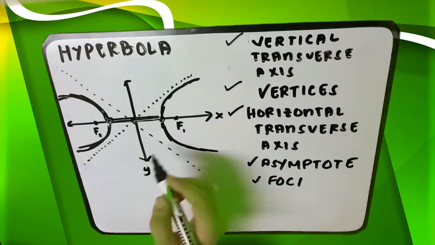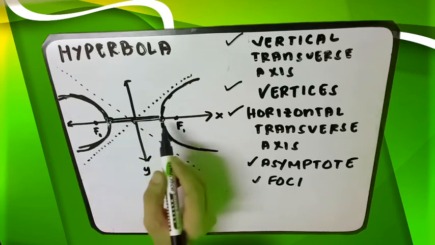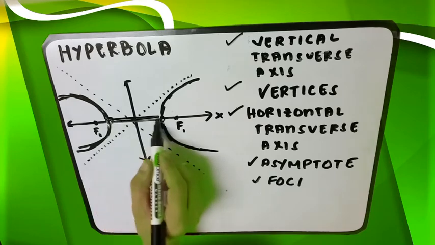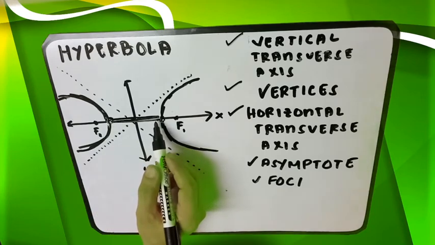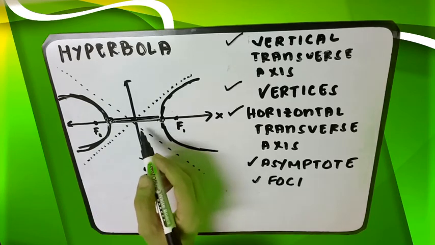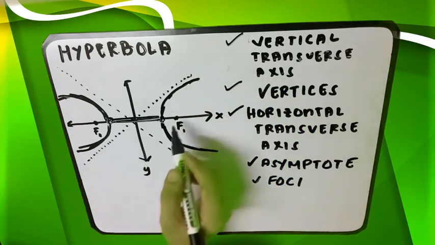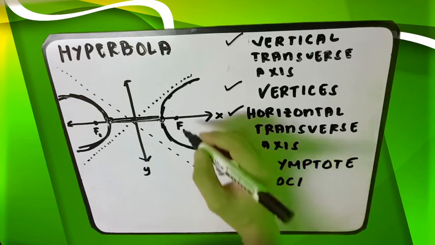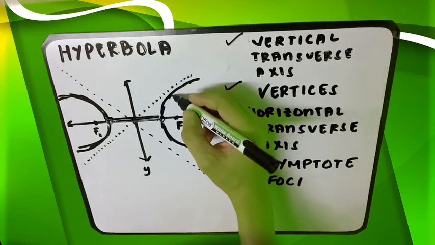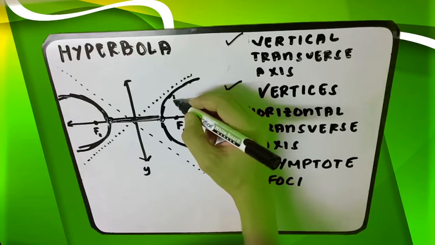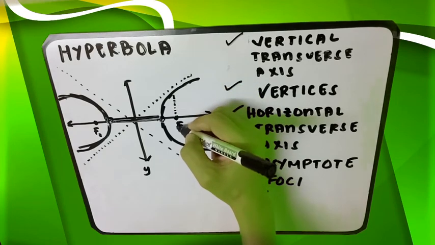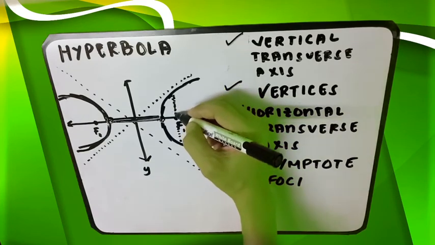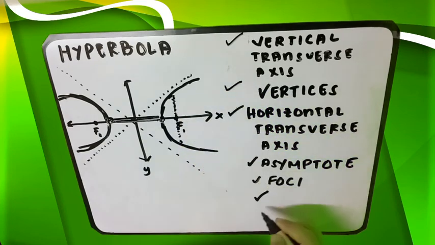Next, vertices, vertex 1, vertex 2, if we connect, so that is horizontal transverse axis, asymptote, foci. Next is if we draw a line parallel to y-axis pero tatama siya dito sa foci, ang tawag dyan is latus rectum.